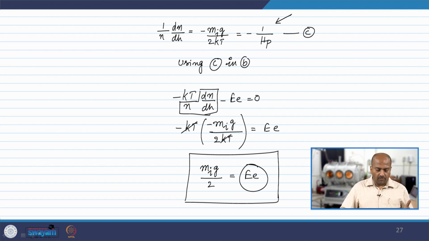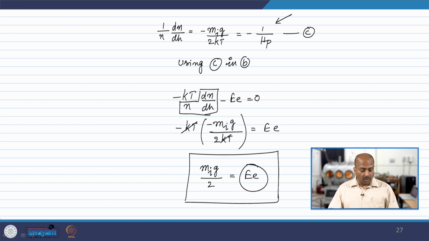So, we can say that the electrons will behave as if they have a mass of Mi by 2. You see this? Because of the opposing electric field, the electrons will behave as if they have a mass of Mi by 2. What is the direction of this force? This force is downwards, along the gravitational pull.